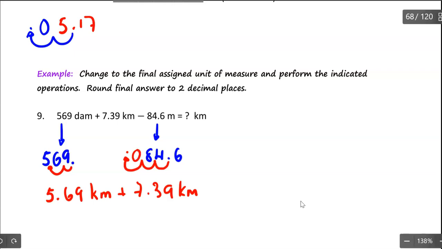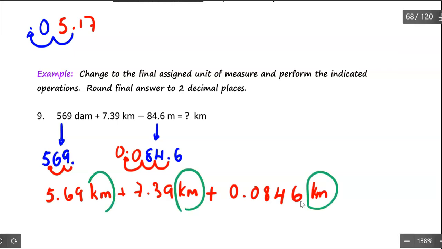I have to put 0 as the space holder, put the 0 at the front. So I will have to add that with 0.0846 kilometers. So now you see you have all the same units as kilometers to add or subtract.